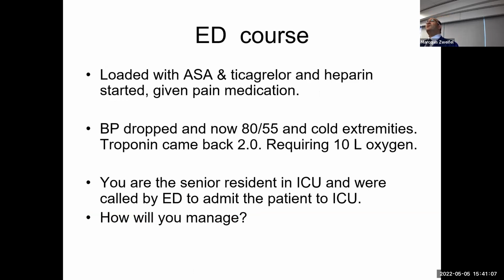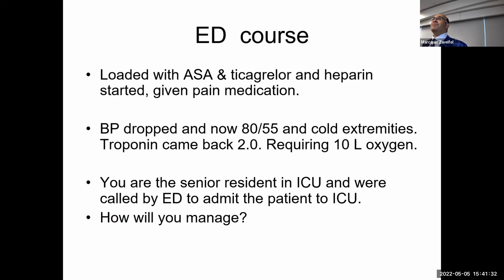Loaded with aspirin, ticagrelor, and heparin IV started, was given pain medication. Now blood pressure dropped to 80/55 with cold extremities. Troponin came back, and Dr. Balija talked to you about that. You don't need 600 troponin to say it; they are usually in the low high. Okay, now you have the sensitive troponin. So requiring 10 liters of oxygen now.